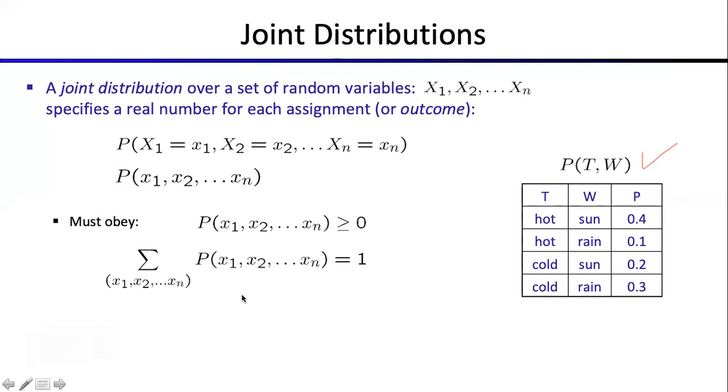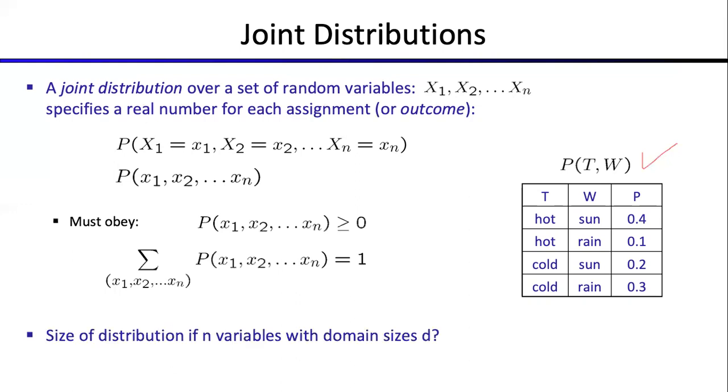Okay. And then obviously a joint distribution would also obey certain rules, and these are exactly the same rules that I told you earlier. The size of the distribution for n variables with domain size d, so that means you'll have n variables, so the joint distribution would have all possible combinations of the values that a random variable can take, and primarily the size of the table will be determined from there. Okay, so temperature has two possible values, and let's say for weather I have shown two possible values here, so the table would have its size accordingly.